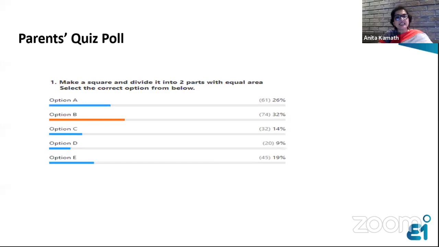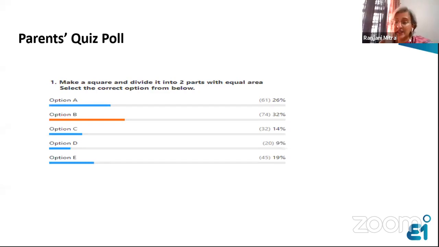But I see with the poll results that children have not really understood the concept of area and perimeter. You call that a term, right? In a classroom, we call that a learning gap. It can be a misconception also.